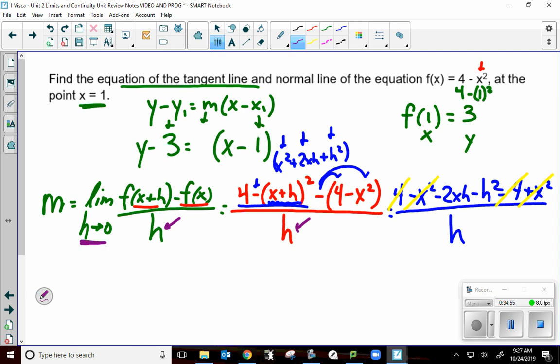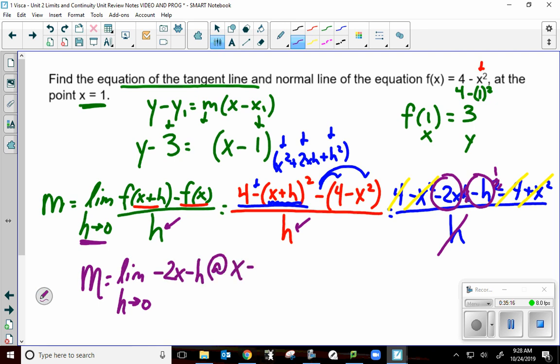Can't here, 0 in the denominator. Oh, nice. This h cancels with one of these and cancels with this one. Negative 2x minus h is what I have left. So my slope is the limit as h goes to 0 of negative 2x minus h at x equals what? 1.